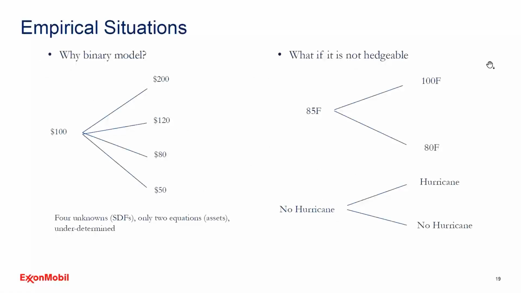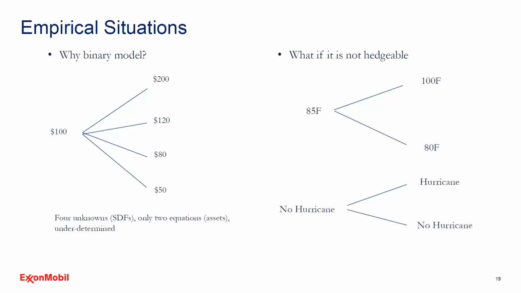So these are empirical scenarios we are experiencing every day. In this scenario, the model is not binary. You have a lot of branches. Today's market is $100, and tomorrow you have 4 scenarios instead of 2. Also, your underlying may not be tradable at all.